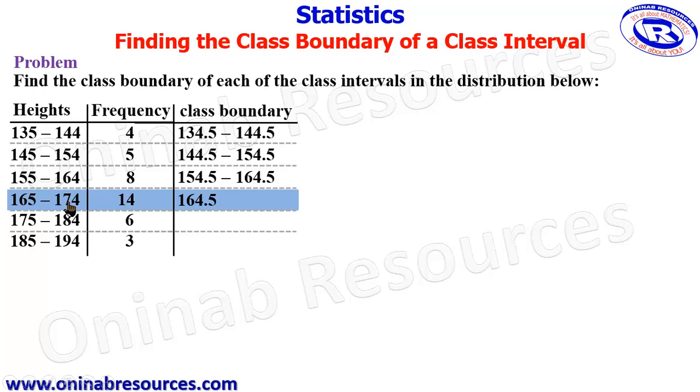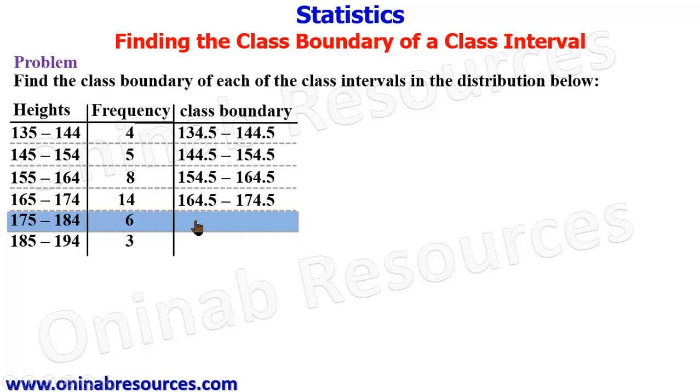So we then concentrate on the upper class boundary. The upper class boundary is obtained also by adding 174 to 175, dividing the sum by 2, we have 174.5. This 174.5 automatically becomes the lower class boundary of this.